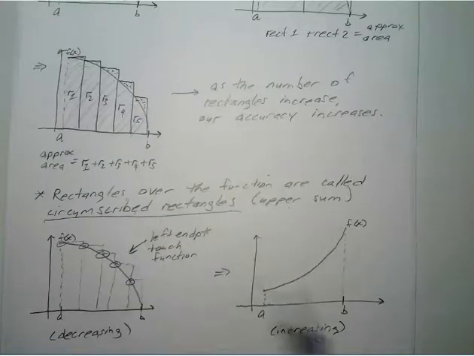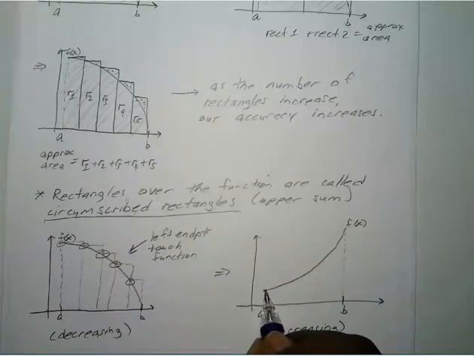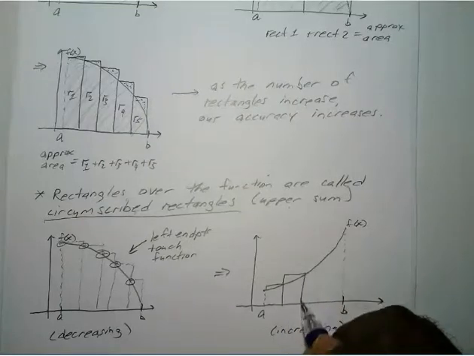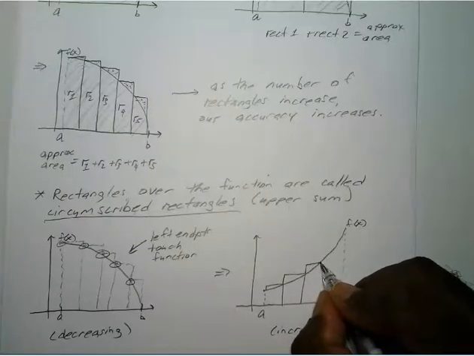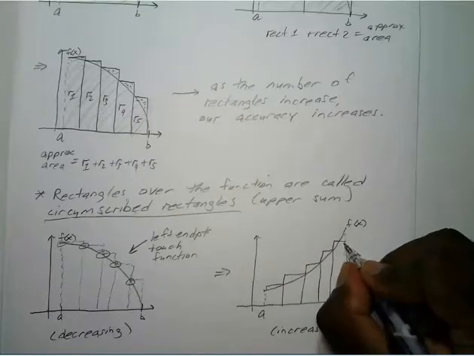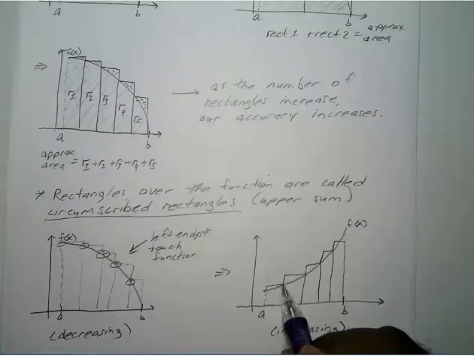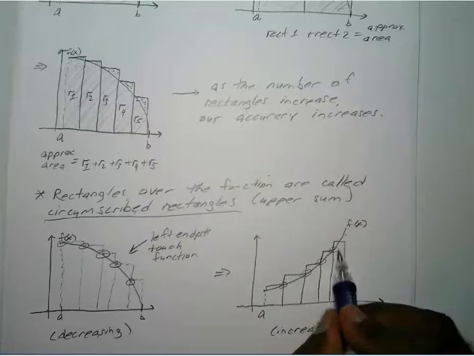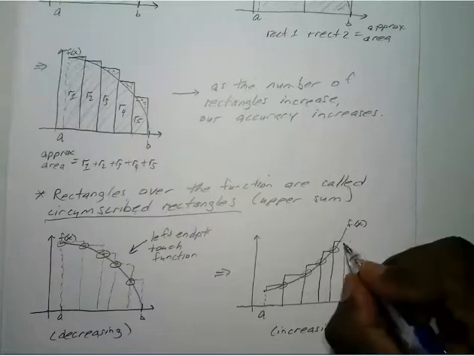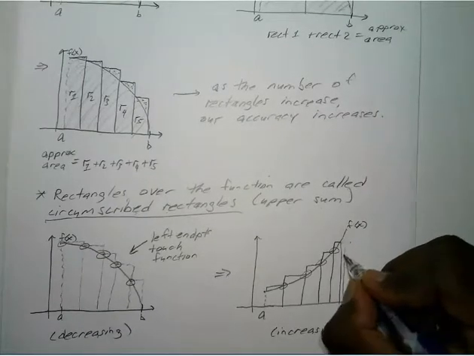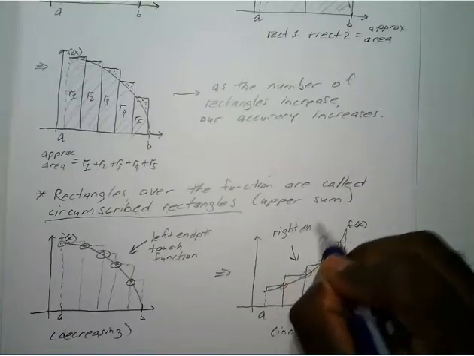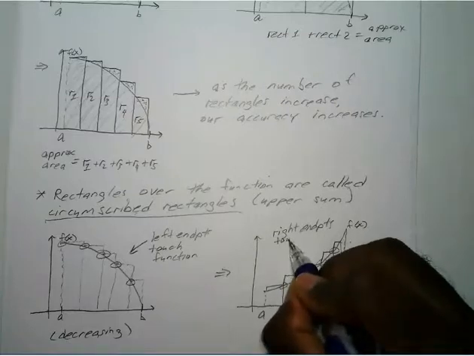If we wanted to have a circumscribed rectangle, the only way to do that is to go over the graph, but then all of our right endpoints touch the function.